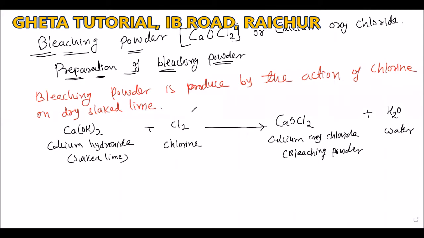Okay, that is the answer here. Simple one. Bleaching powder is produced by the action of chlorine on the dry slaked lime.